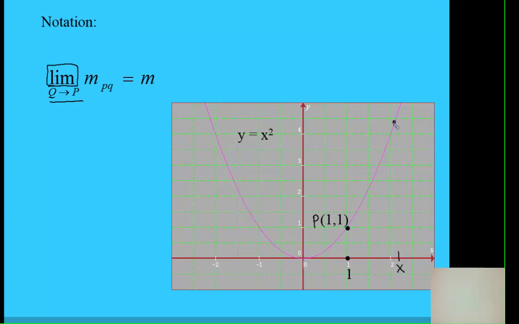So if I label this particular point x, the y value would just be the function, because for this function, what does y equal? y equals x squared. So I can actually replace this y value with x squared, because that will give us our y value. Now this is the point we're calling Q.